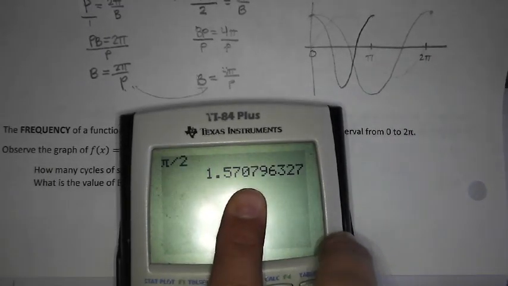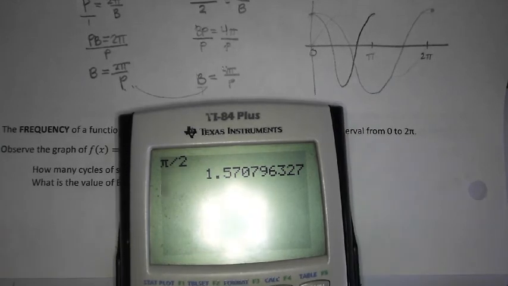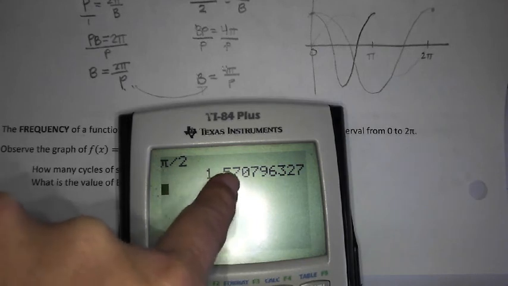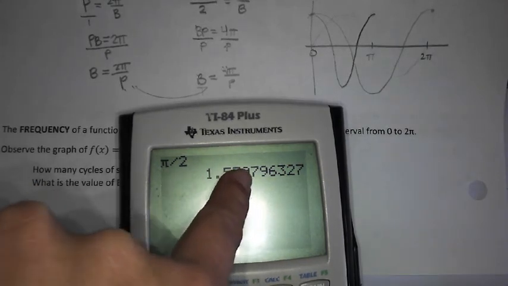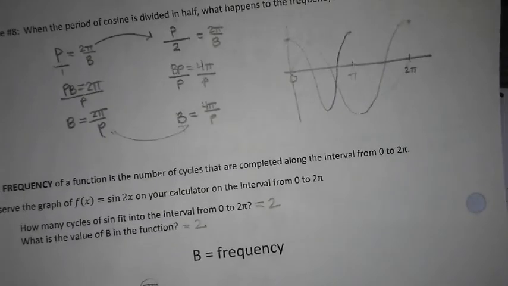That means 1.5 cycles fit in by 2 pi in a case like that. And when full cycles aren't fitting in, it gets tricky to think about frequency in that way. But if that's your frequency, that means 1.57 cycles fit in between 0 and 2 pi, which hopefully you won't ever be asked to think about from that perspective.